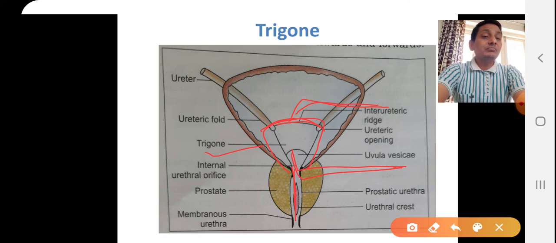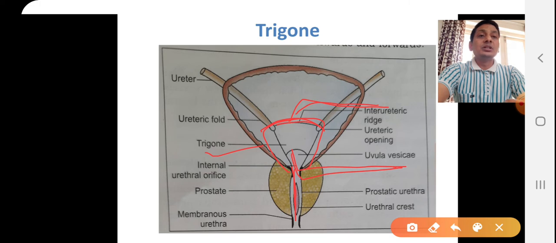Okay. What is the trigone? If we see the interior of the urinary bladder, the mucosa is thrown into manifold folds because it is loosely attached to the muscular coat. At the base the mucosa becomes smooth and forms the triangular area called the trigone.